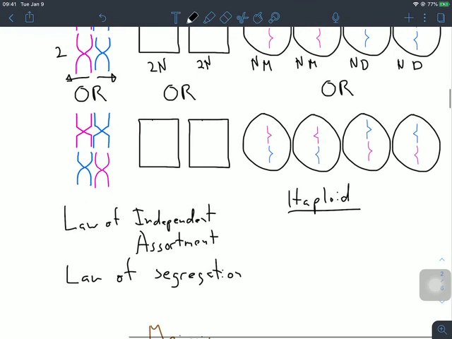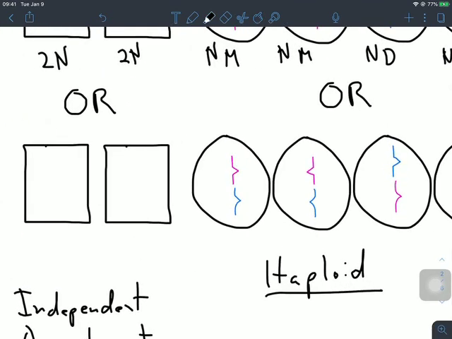What the law of segregation says is that at the end of meiosis, you will ultimately get only a mom or a dad chromosome or allele for each of your two diploid states.